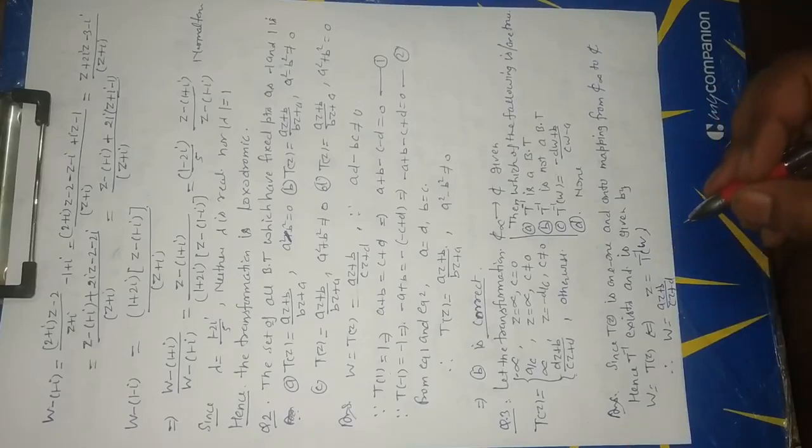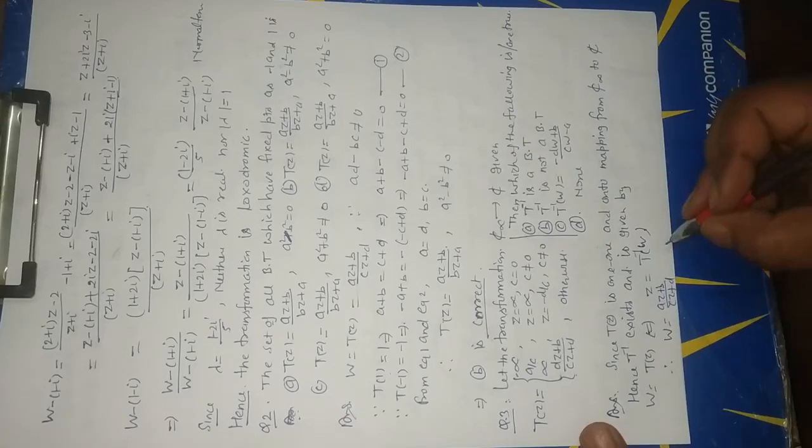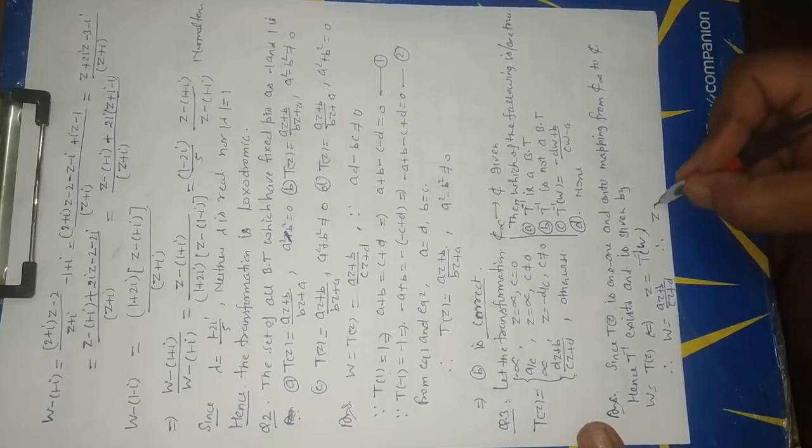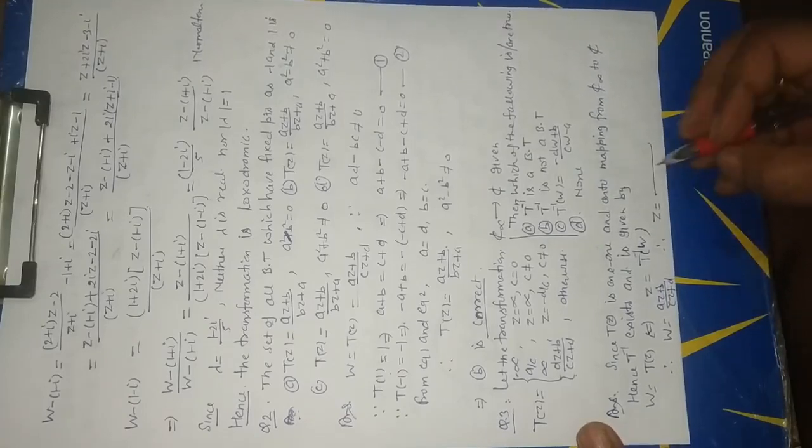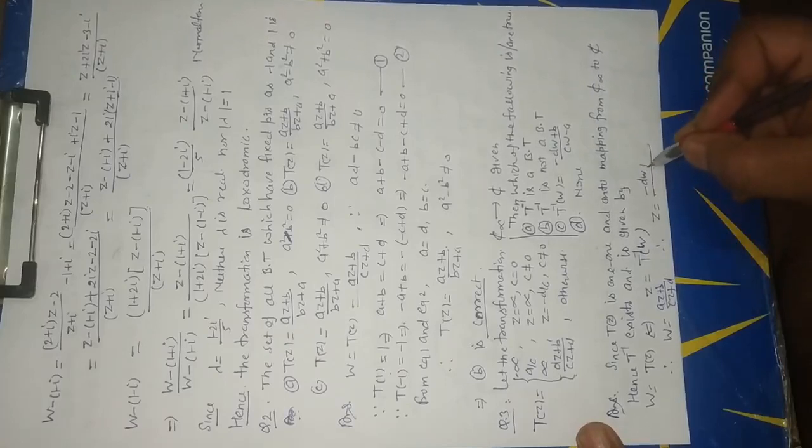Now by calculating, we get the value of z = (-dW + b)/(cW - a).